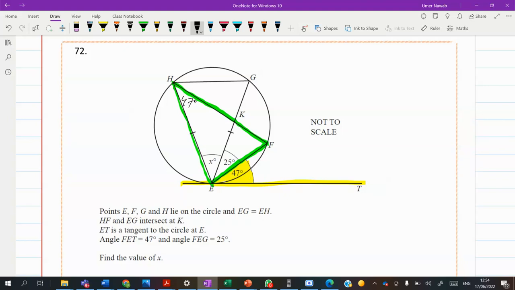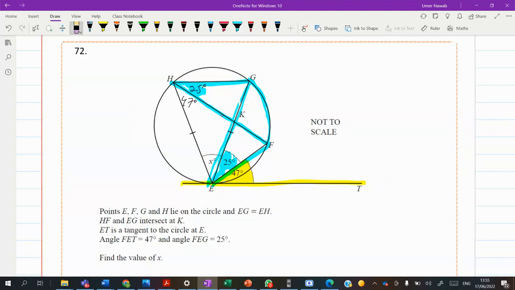Then angles in the same segment. Did he produce the arc, the endpoints of the arc GF anywhere on the circumference? The answer is yes, here at E and also at H. What are the angles? This is 25, so that has to be 25.